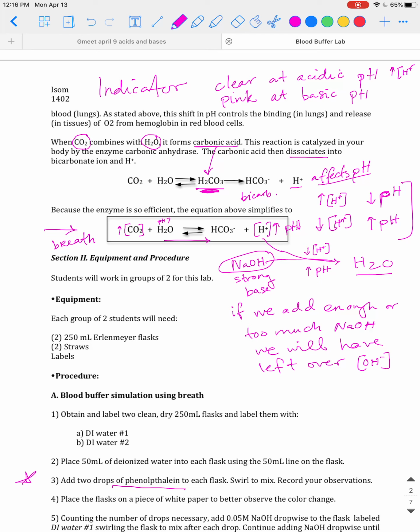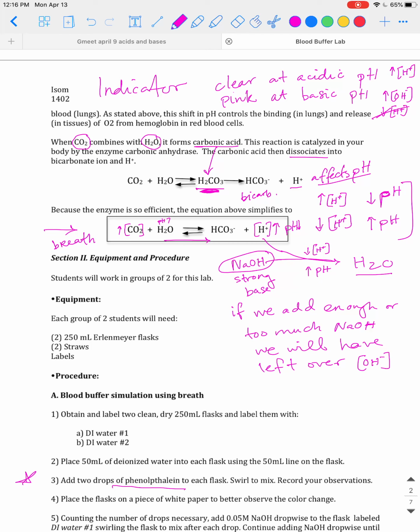So acidic pHs means we have a lot of H+. Basic pHs maybe means we have a lot of OH minus, okay? And very little or no H+. Okay, none of it, or very little of it.